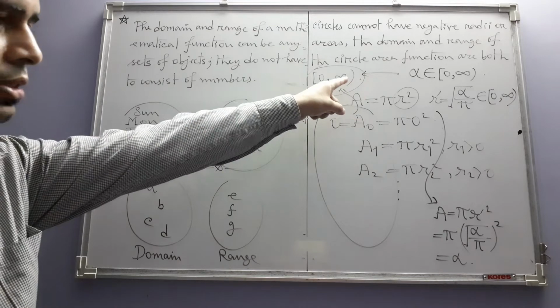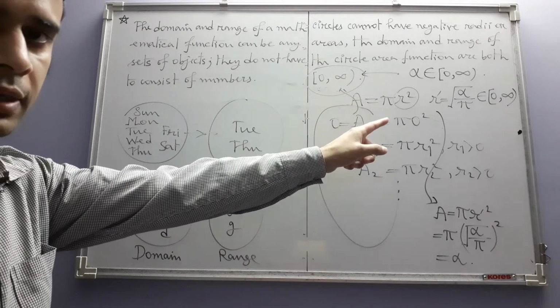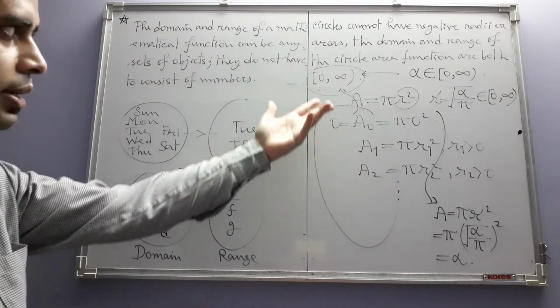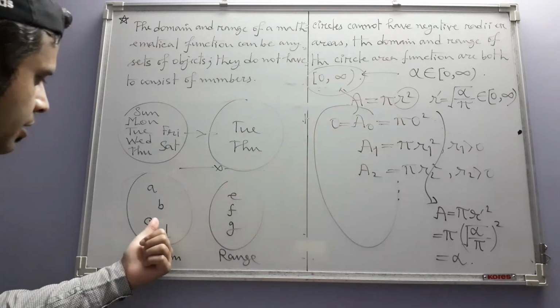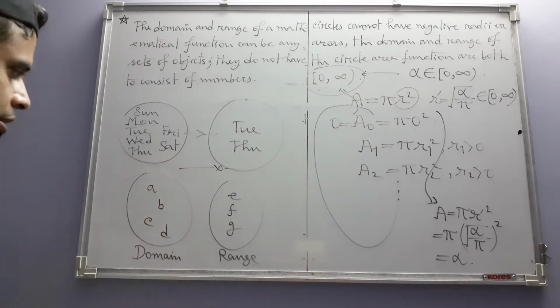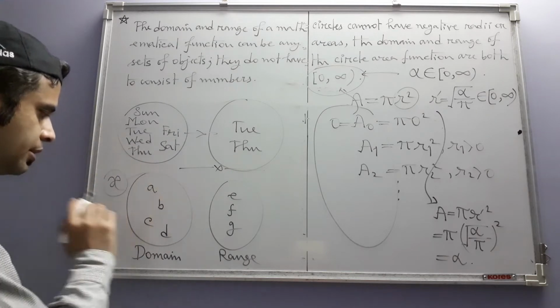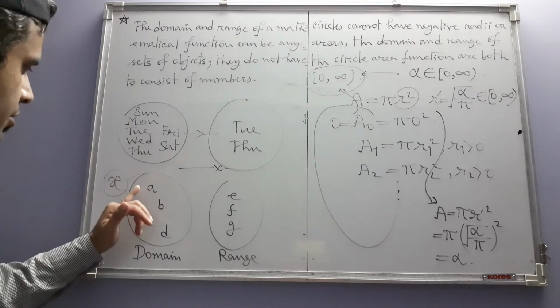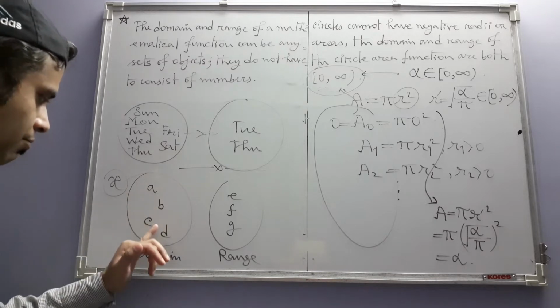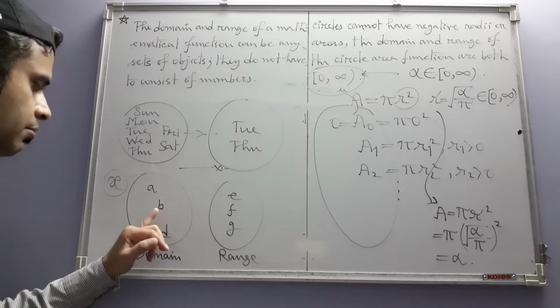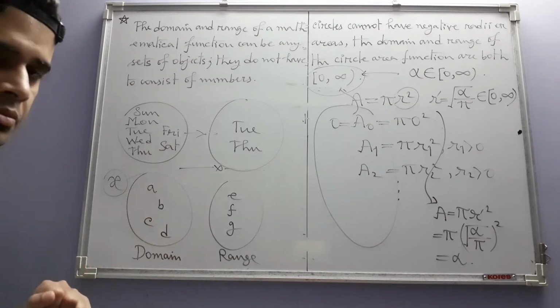Unlike the earlier case where the independent variable r takes infinitely many values, here the independent variable, since we are denoting it by the generic symbol x, can take the values a, b, c and d.